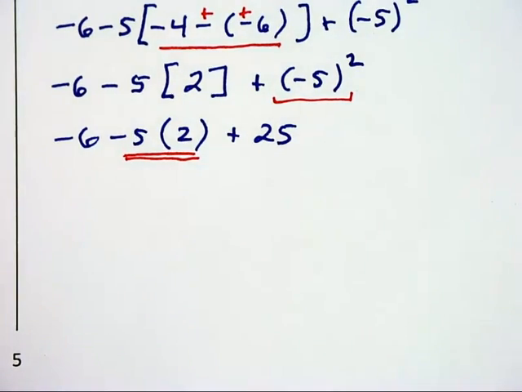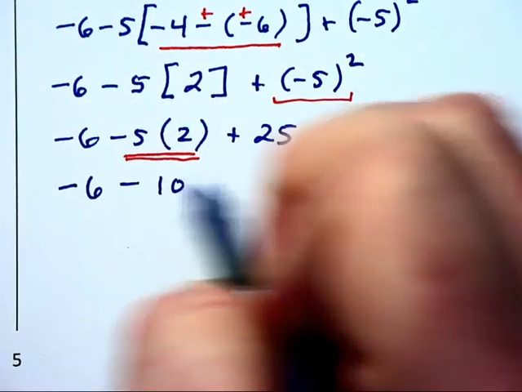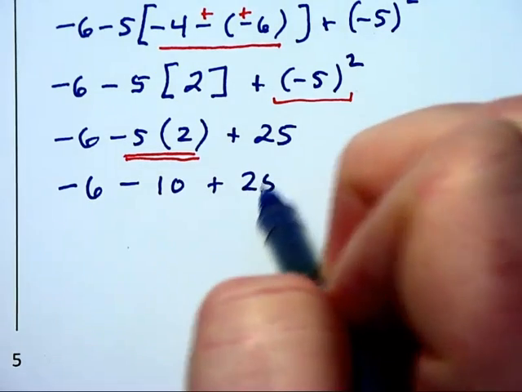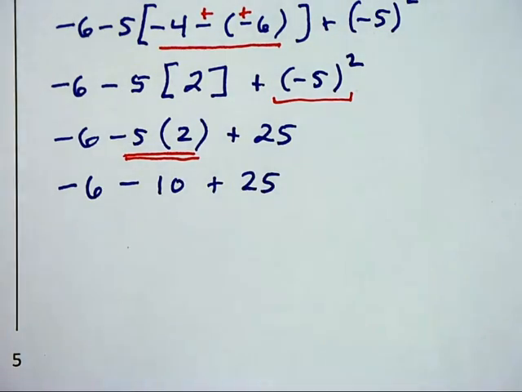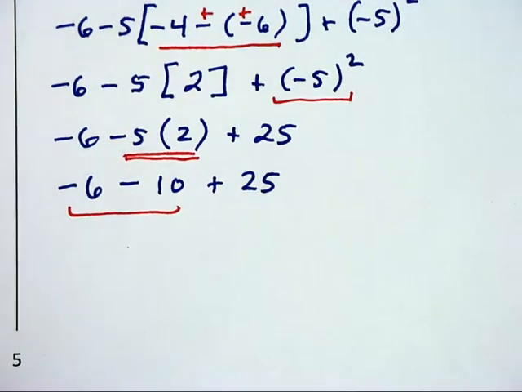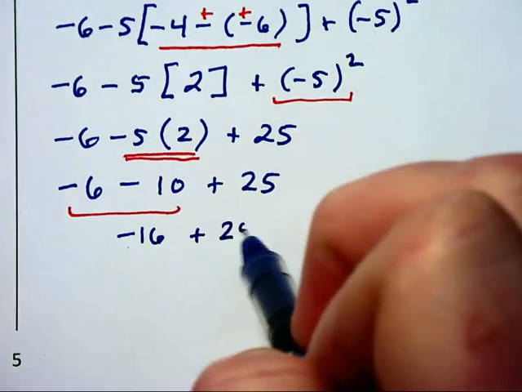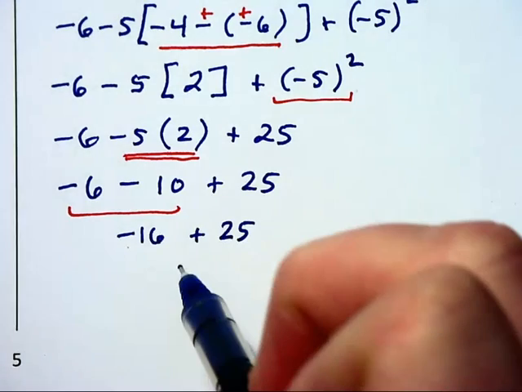So that's what I'm going to do next. I will have negative 6 minus 10 plus 25. Since all that we have left is addition and subtraction, we work our way from left to right, and negative 6 minus 10 gives us negative 16, to which we add the 25 to get our final answer here of 9.